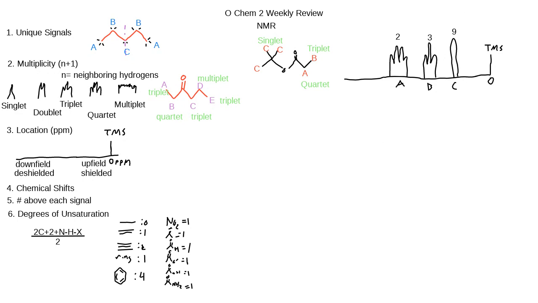All right, so we're almost done before you completely understand NMR. We're going to take a look at 3 of the most common patterns, because chances are you will encounter one or more of these in a lot of your problems.